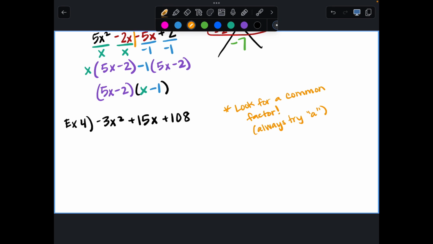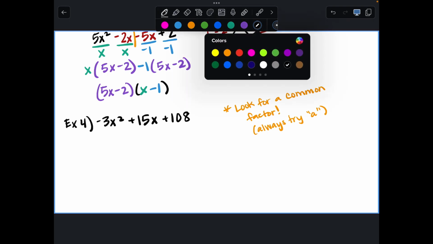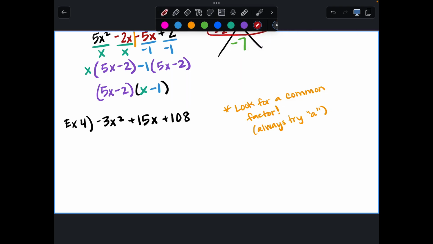You also need to make sure that the leading coefficient is positive. So if your leading coefficient is negative, you have to factor out the negative.